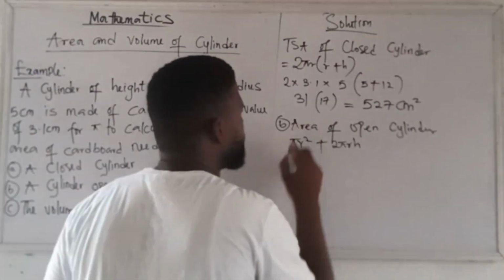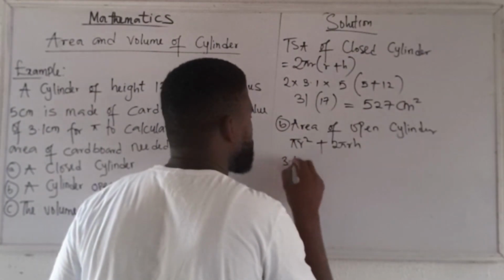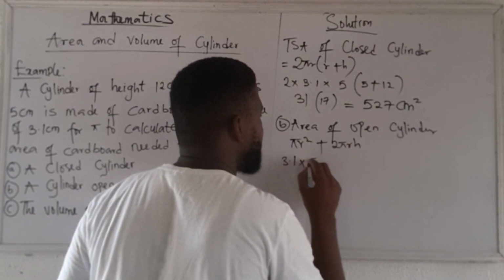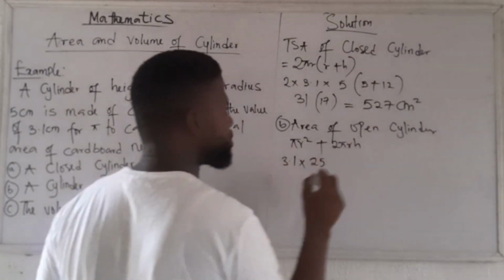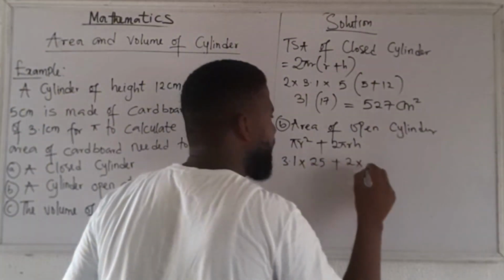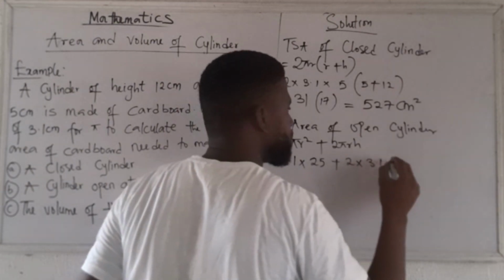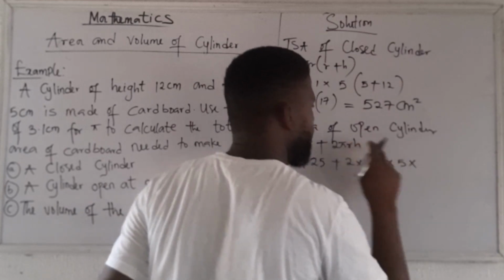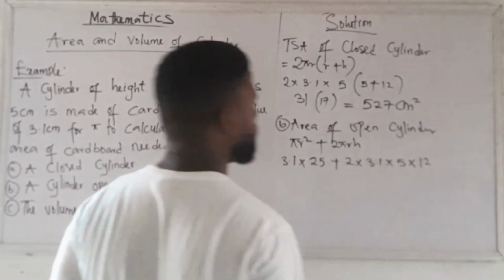Now, which will give us pi is 3.1 times 5 squared is 25, which is our radius, plus 2 times 3.1 times our radius 5, then times height, which is 12, right?